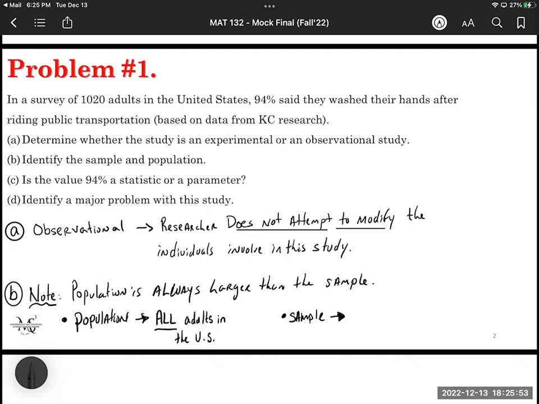94%. Careful. No, 1,020. There you go, 1,020. It's a long day. So the sample is going to be the 1,020 adults in the US, and that's it.